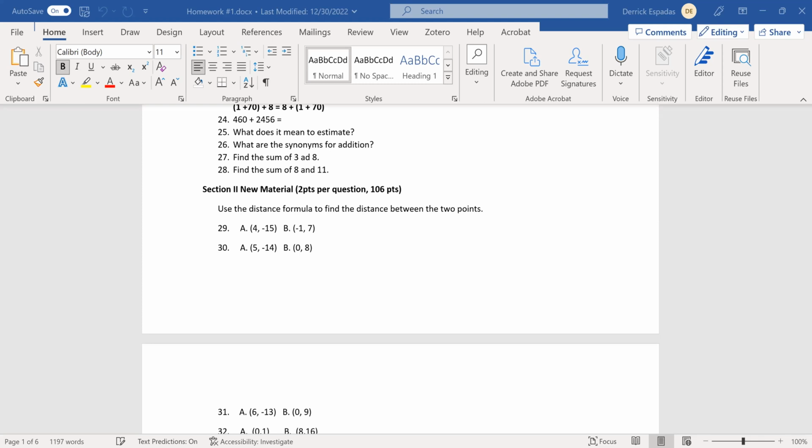Let's do some math. X2 minus x1 is going to be 5 minus 1. And then y2, which is 4, minus y1, which is 1. Okay, do the arithmetic. 5 minus 1 is 4. 4 minus 1 is 3.